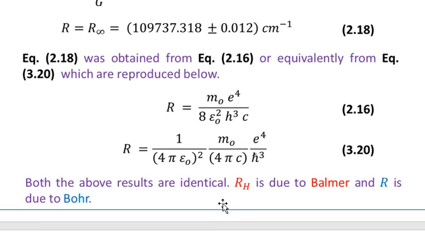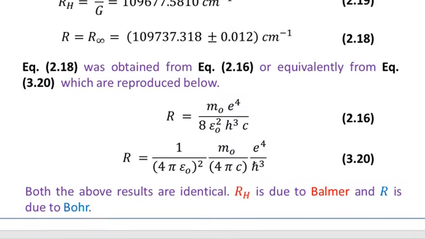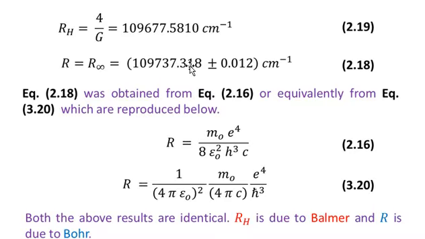So both the above results are identical. RH is due to Bohr and capital R is due to the semi-classical approach. And you know that there is also a small difference between them. The question is why these two values are not exactly the same?